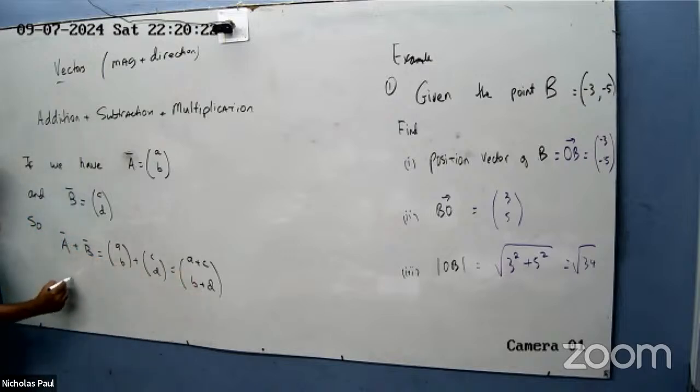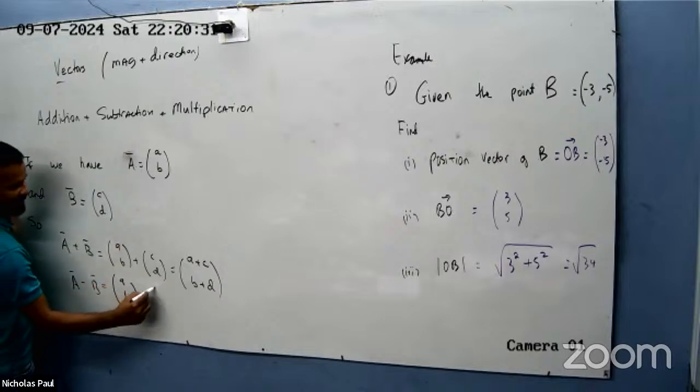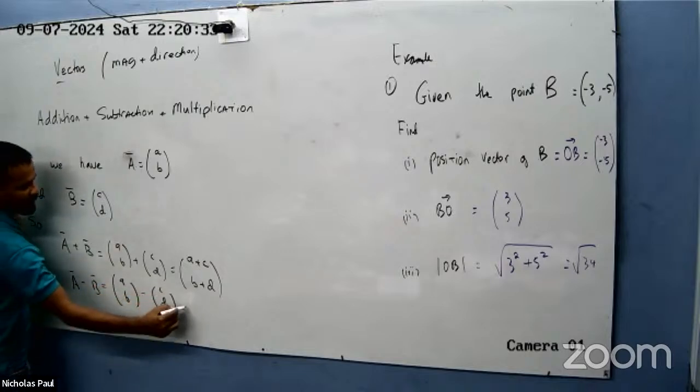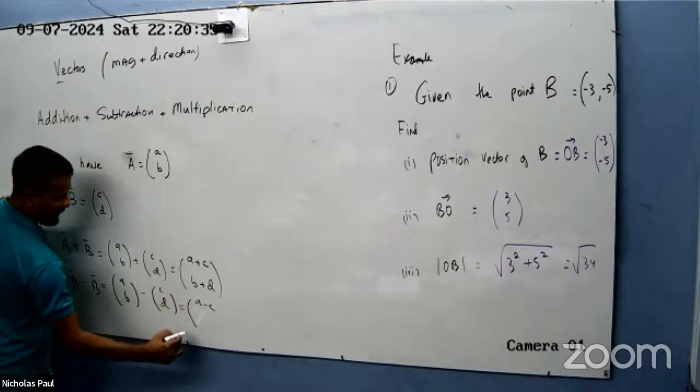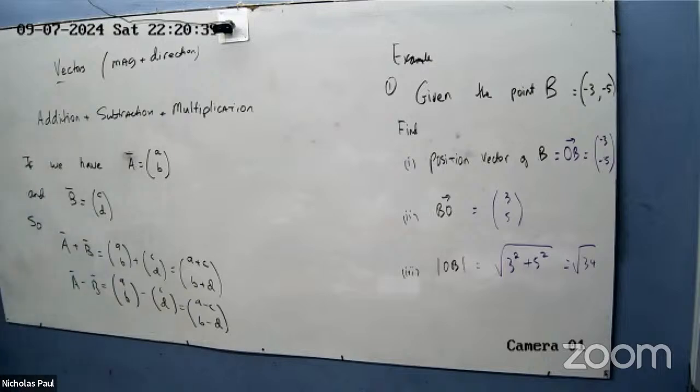What do you think subtraction will be? Subtraction will be the same thing, right? Except instead of adding, we just subtract. So we minus the X values and we minus the Y values.